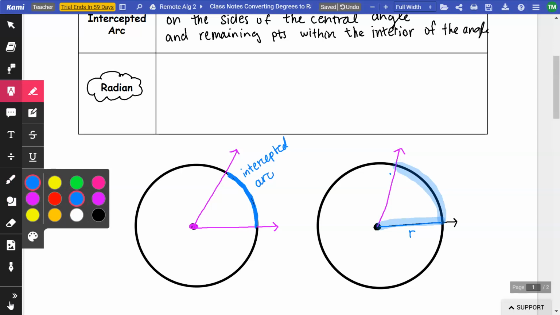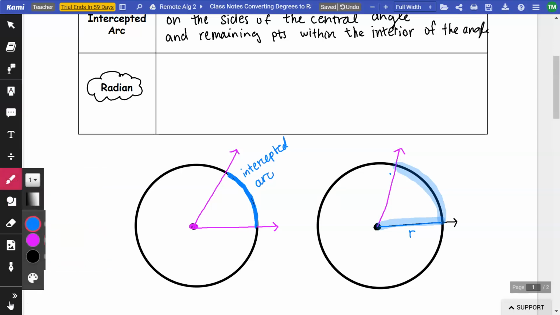So if this distance, this intercepted arc, is the exact same distance as the radius, so these two distances are the same, you've created an angle that is 1 radian. So I'm going to use a different color for that. Let me use red. This angle would be 1 radian.